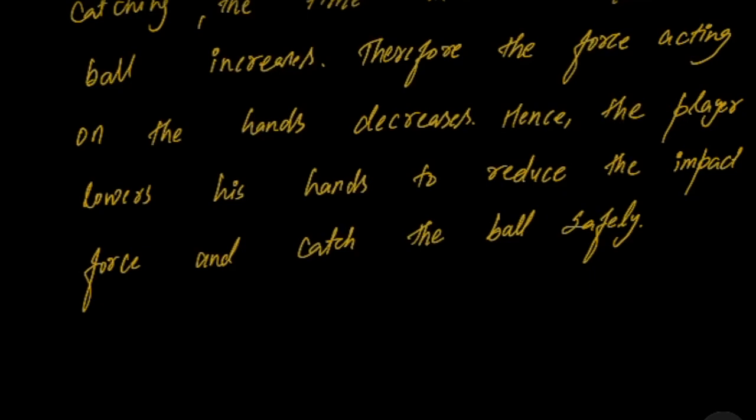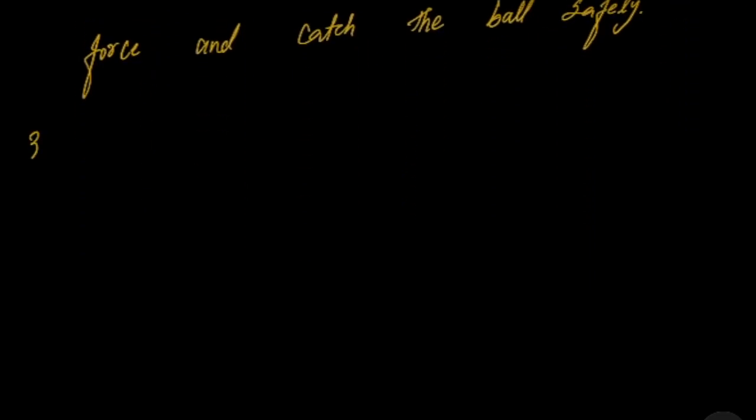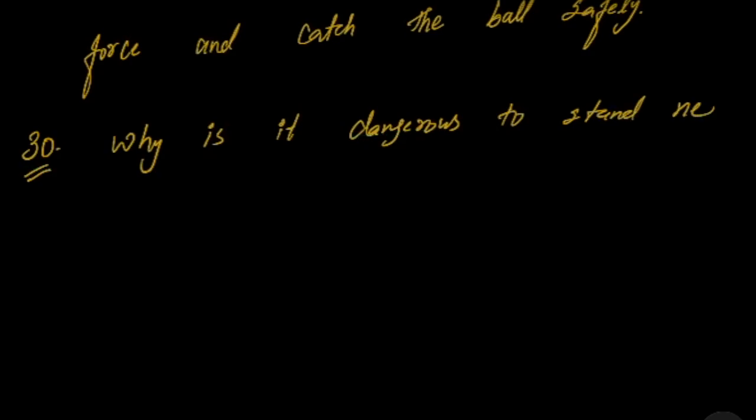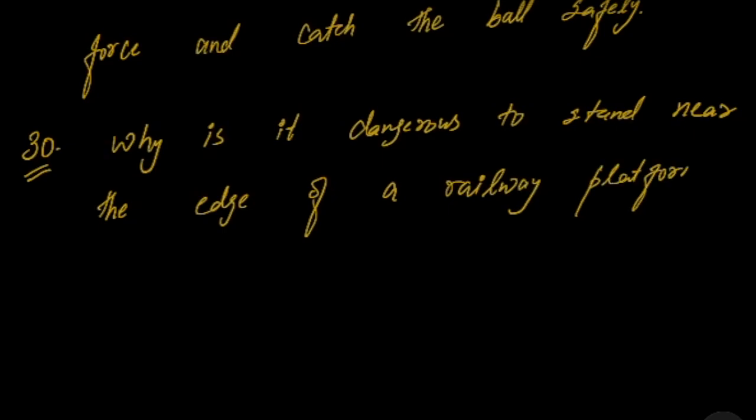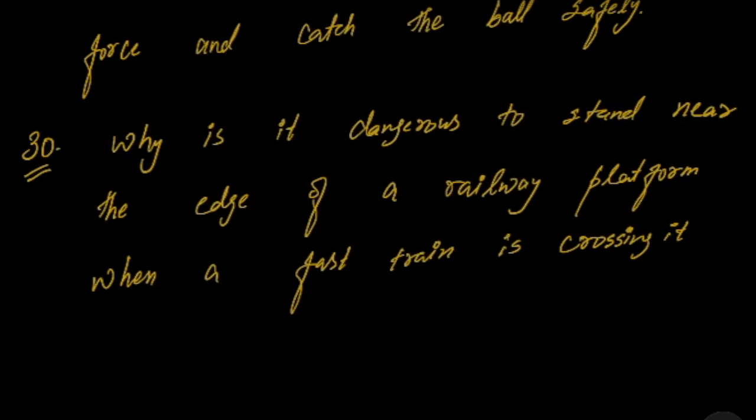Now we will go ahead and solve the next one. The next question is: why is it dangerous to stand near the edge of a railway platform when a fast train is crossing it?